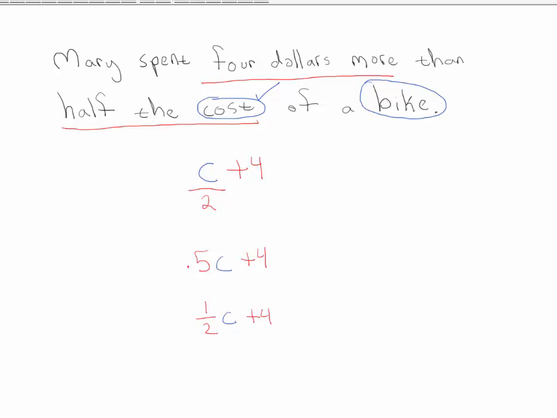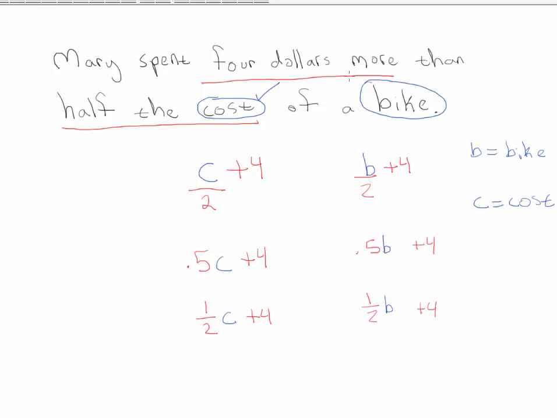Now, it's important to understand that this is the exact same thing if I chose to use B for bike. The important thing is not the letter we choose to represent, though that can help us keep things straight. It's keeping the expression correct. 1/2 the cost of the bike plus 4. And maybe it helps us to say that here that B is equal to bike, or that C is equal to cost.